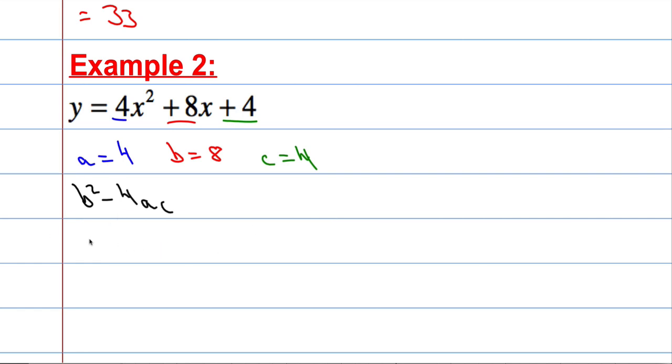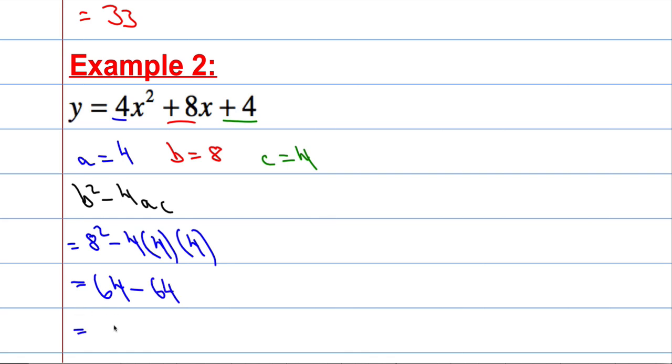Okay, so we get 8 squared minus 4 times a, which is 4, times c, which is 4. 8 squared is 64. Take away 4 times 4 is 16, and 16 times 4 is also 64.